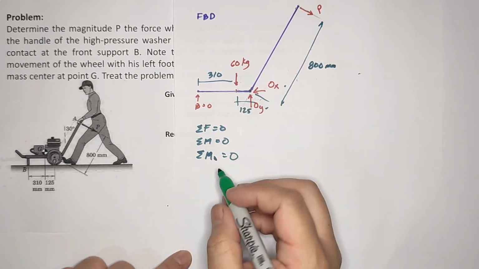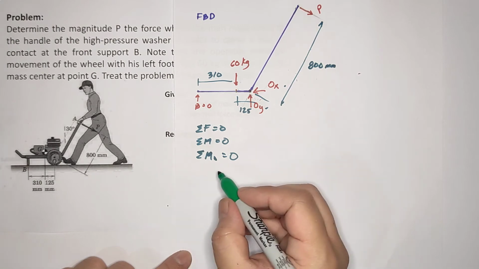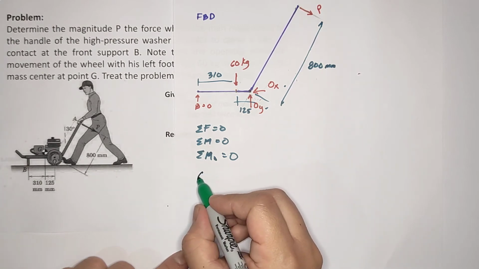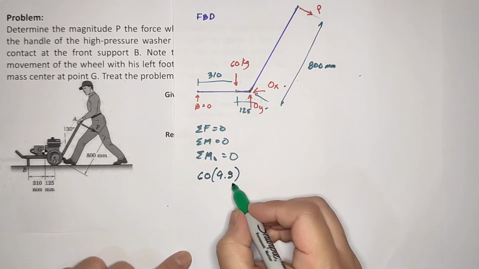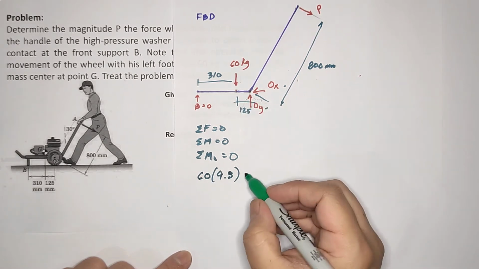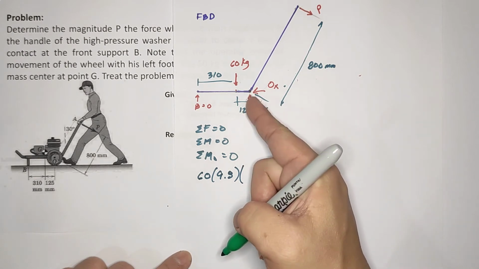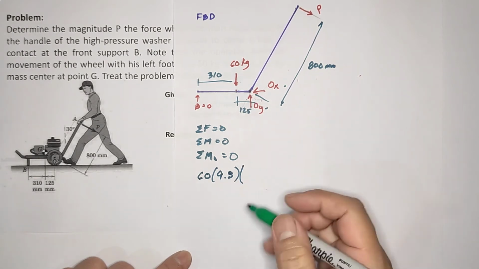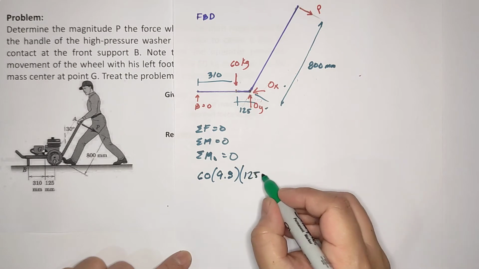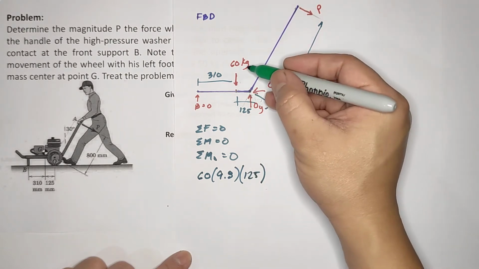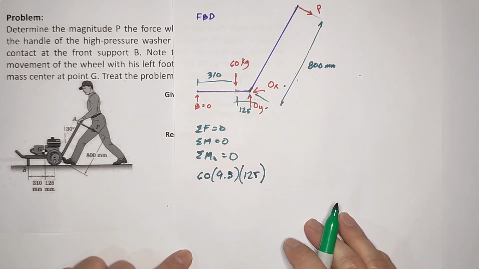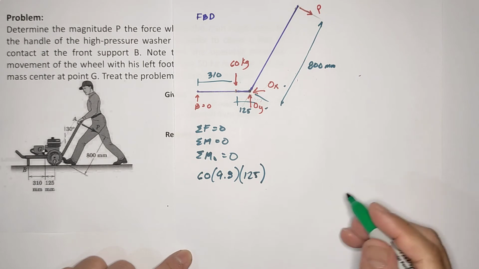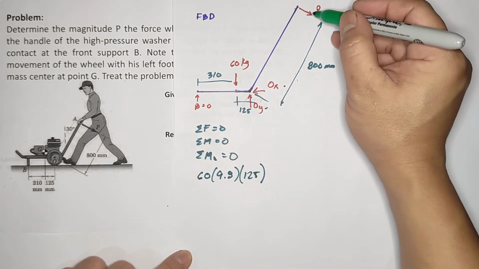The force is 60 multiplied by 9.8 to become Newton, times the distance, which is 125. And that is counterclockwise. In our notation, counterclockwise is positive.